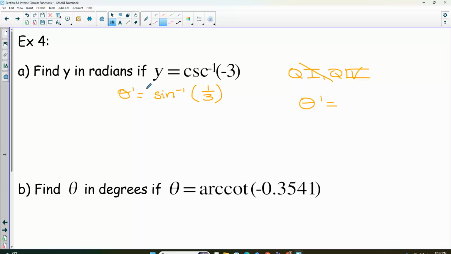Now, it says radians, so make sure your calculator's in radian mode. To get the sine inverse, you do second sine of 1/3. You should get 0.3398. Did everybody get that? So to put it in quadrant 4, that's my reference angle. To get the real angle, if you're in radians, you have to do 2 pi minus that.